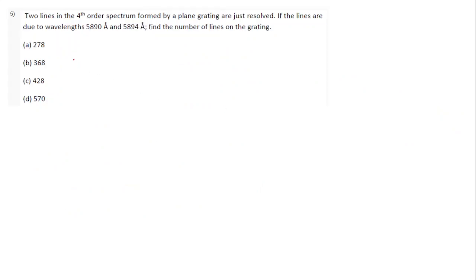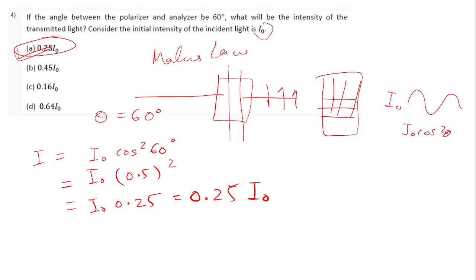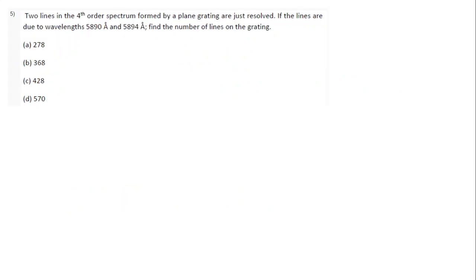Next question. So these were questions based on Brewster's angle and Malus law. Now we have questions based on gratings. Two lines in the fourth order spectrum formed by a plane grating are just resolved.